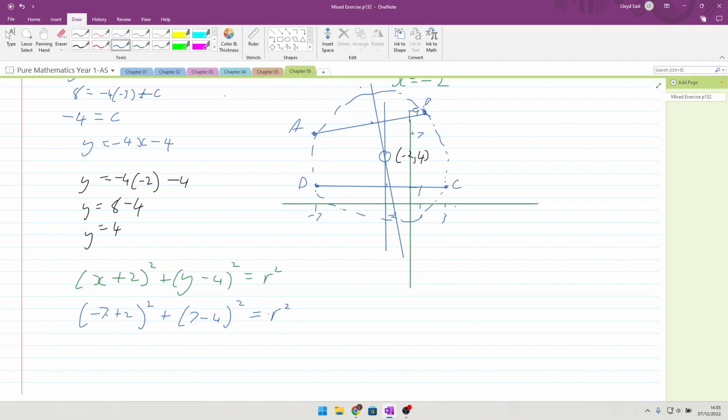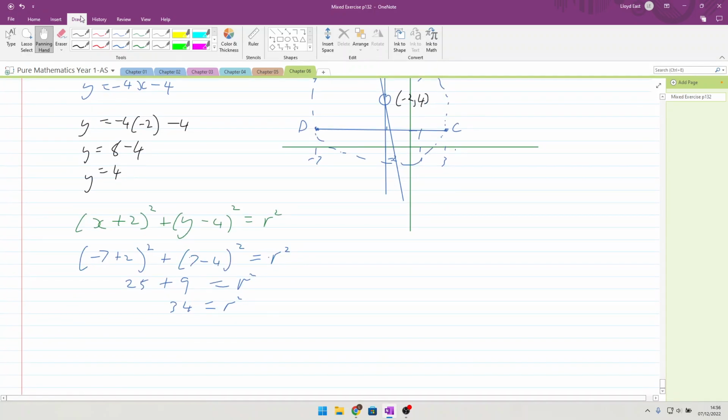Minus 5 squared is 25. 7 minus 4 is 3, squared is 9. That's 34. So our final equation for the circle is going to be x plus 2 squared plus y minus 4 squared equals 34.